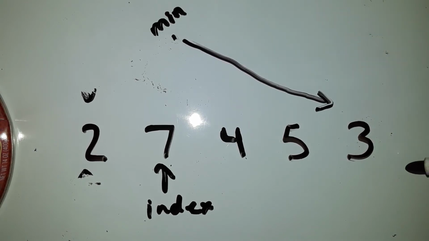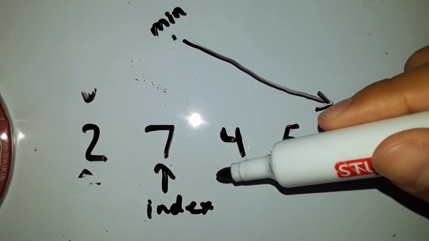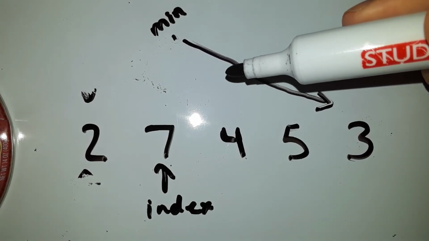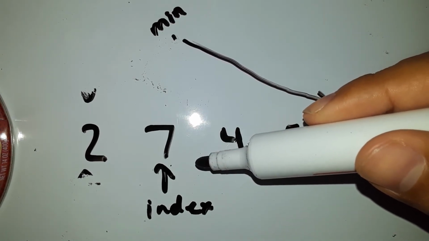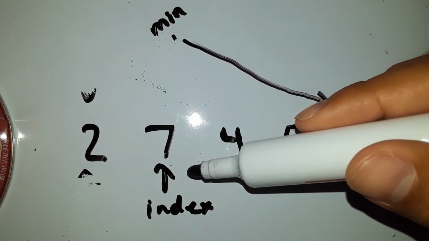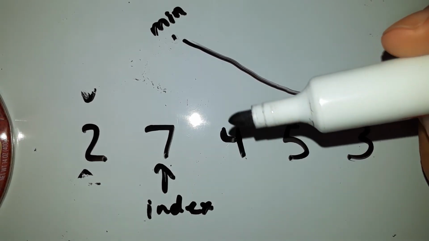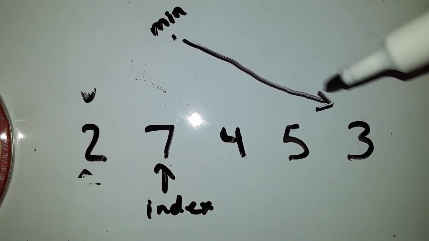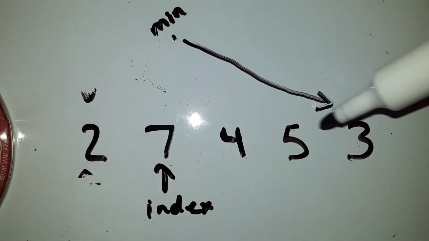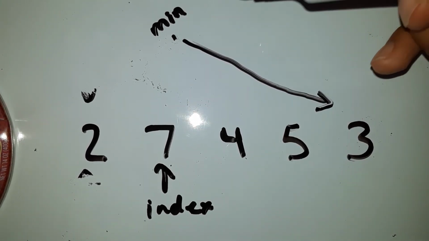And now we've hit the end of the array. And again, we ask, are minimum and index pointing to the same item in the array? No, index is pointing to the 7, at index 1, and the minimum is pointing to index 4.